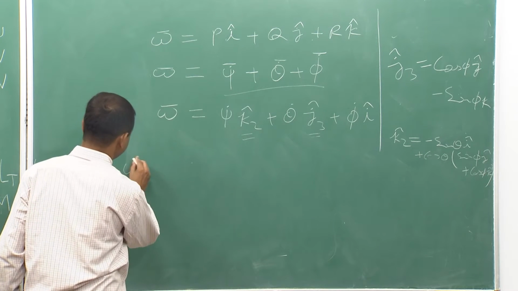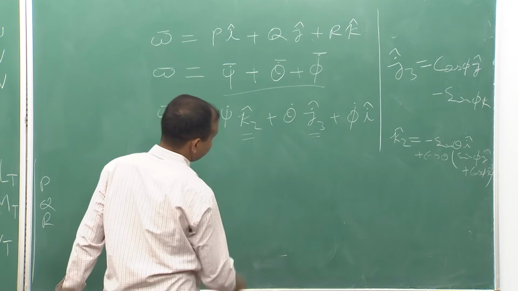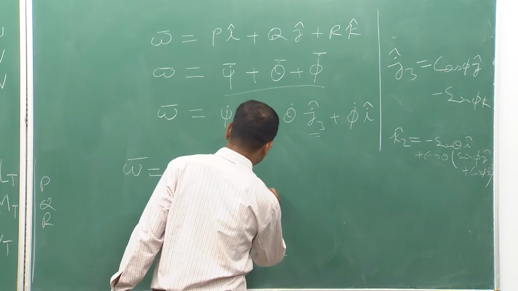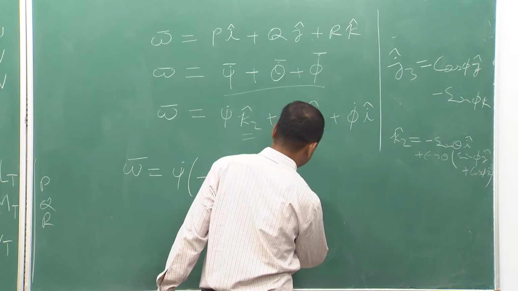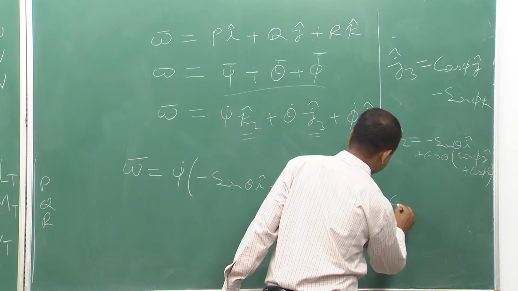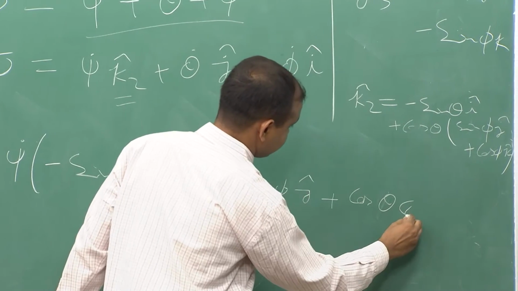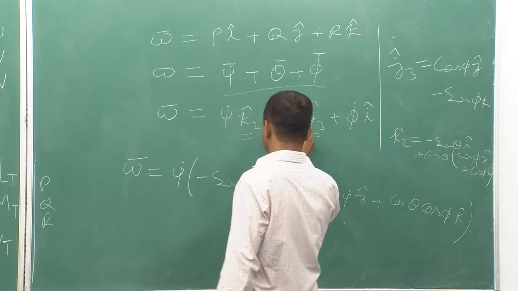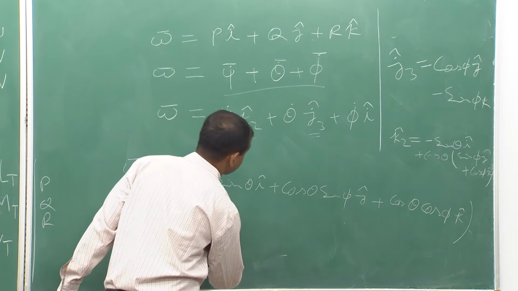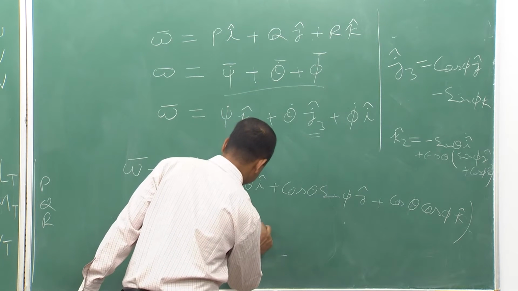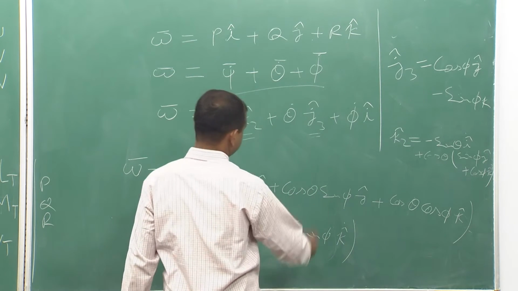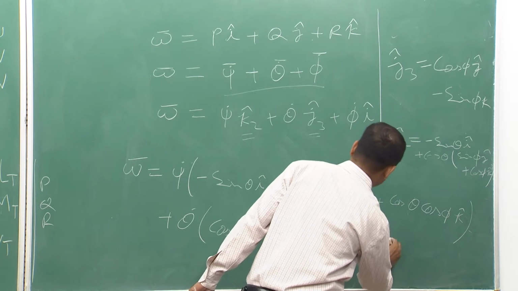So, finally, I have omega equal to psi dot times K2, which is minus sin theta I plus cos theta sin phi j plus cos theta cos phi k, plus theta dot J3, and this I can write as cos phi j minus sin phi k.